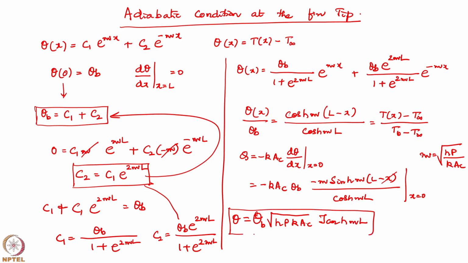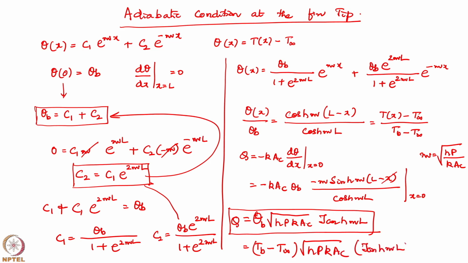So, this is the temperature distribution, and this is the heat transfer rate that you are going to get. Here theta b is nothing but Tb minus T infinity, into square root of hpkAc into tanh ml. So, that is the heat transfer rate you get for the adiabatic condition.